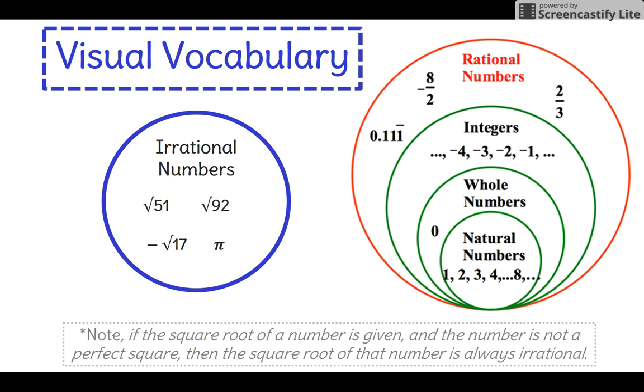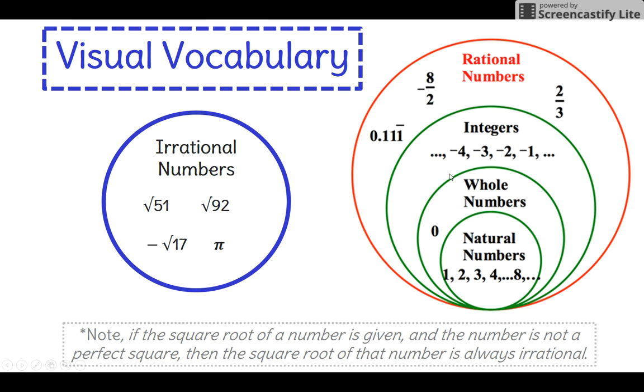If it is not a whole number when you find the square root, so if it's not a perfect square number, then that is an irrational number. The value pi is an irrational number because it goes on forever and ever beyond the decimal and never ends.